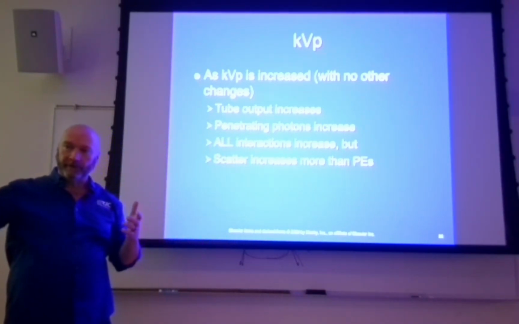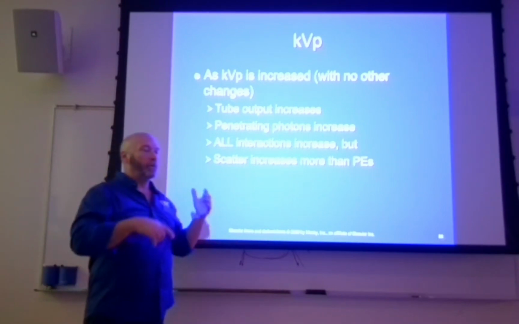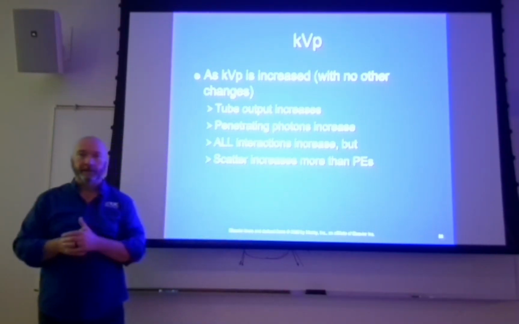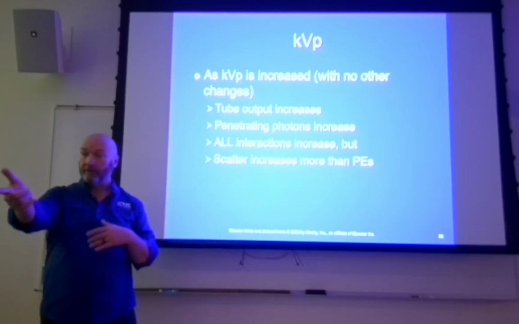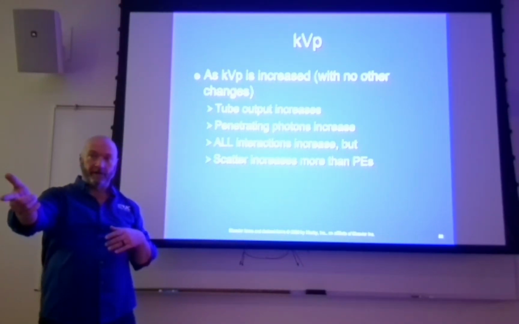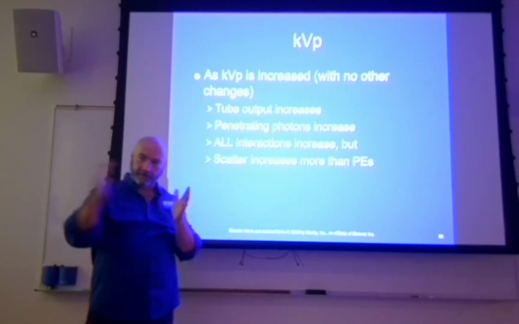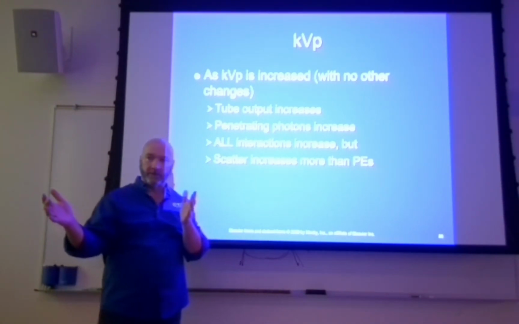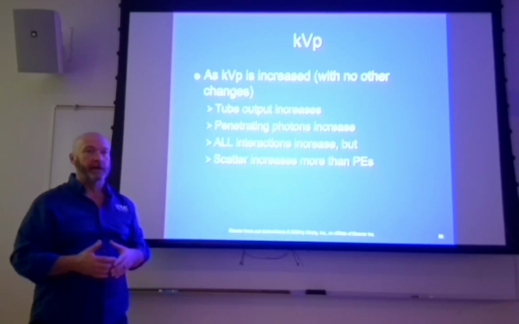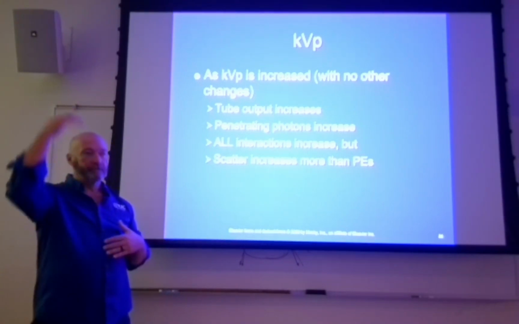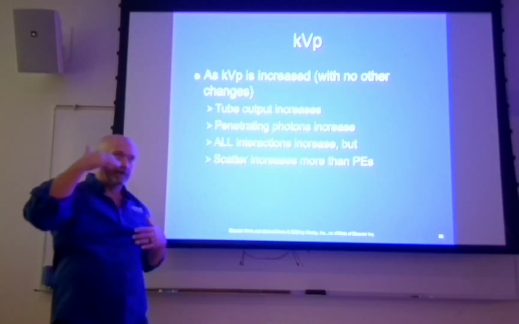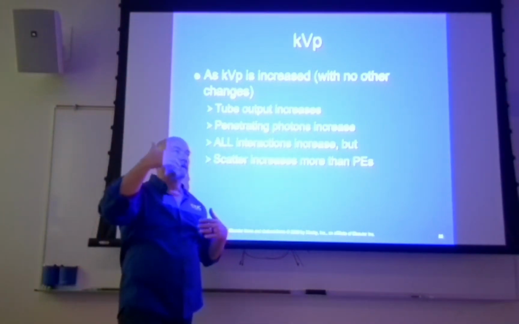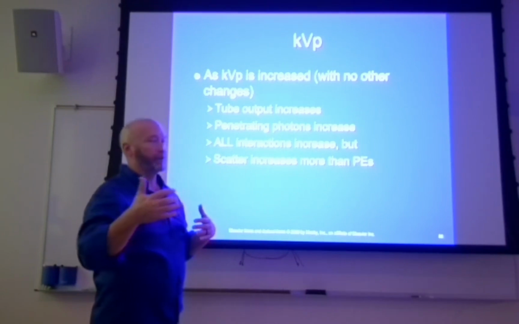Remembering your Brems spectrum. Okay, what happens when we increase KVP? What happens to the Brems spectrum? It pushes to the higher energy side. So those higher energy photons, we get a lot more of those, but what else do we get? The height goes up as well. So we get a greater number of X-ray photons that we create, right?